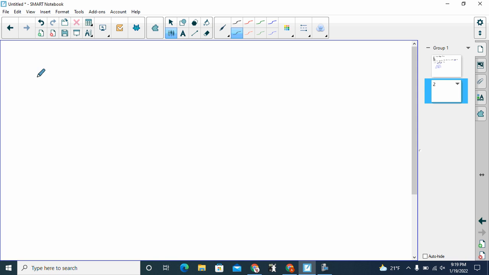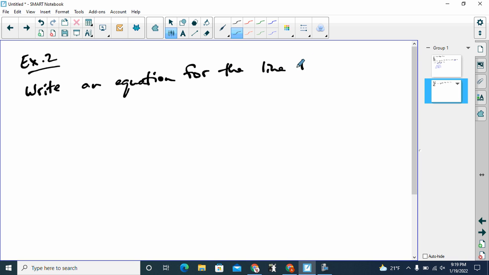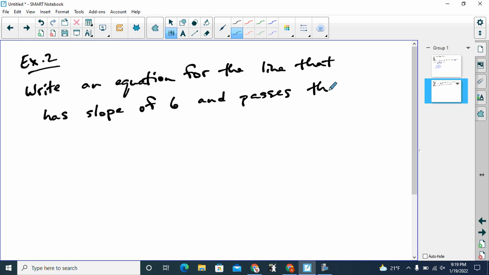Let's try example 2. Example 2 is a little bit different. It asks us to write an equation for the line that has a slope of 6 and passes through the point (2, -3).